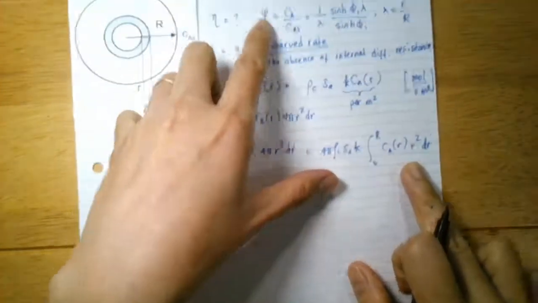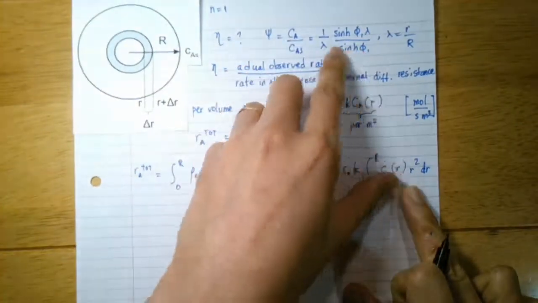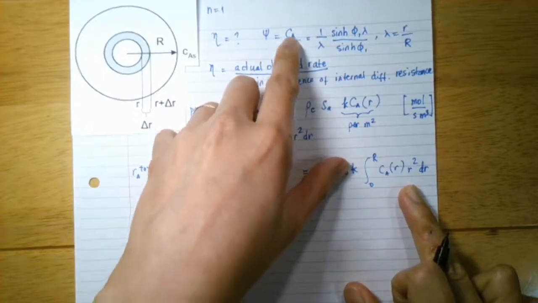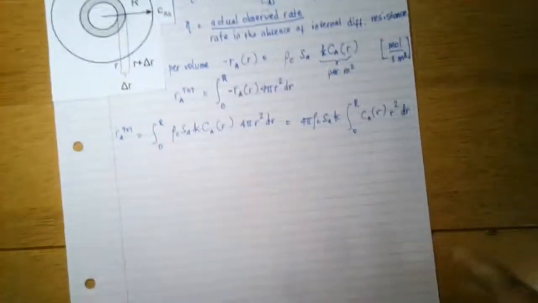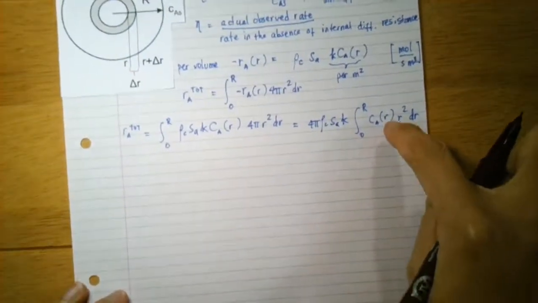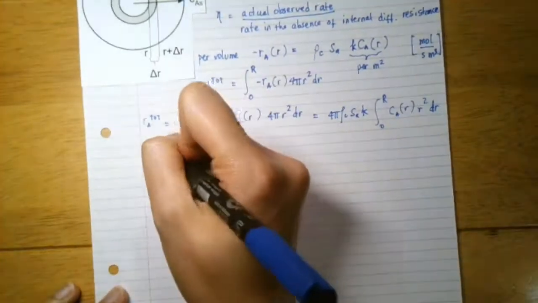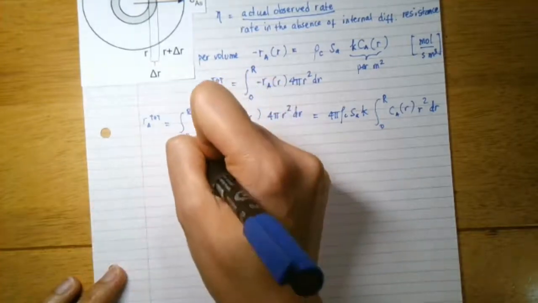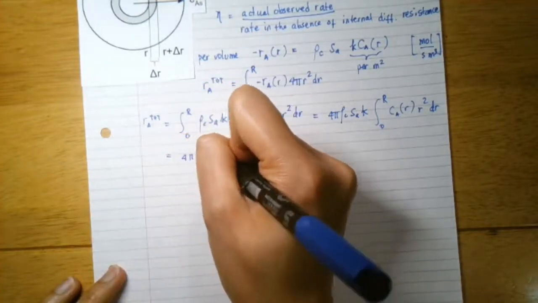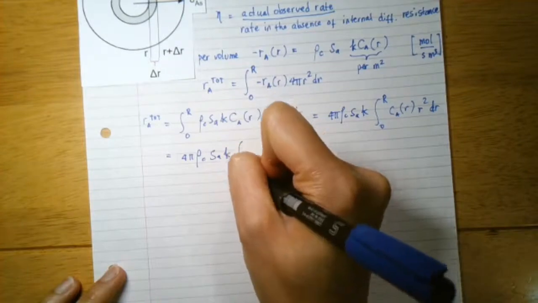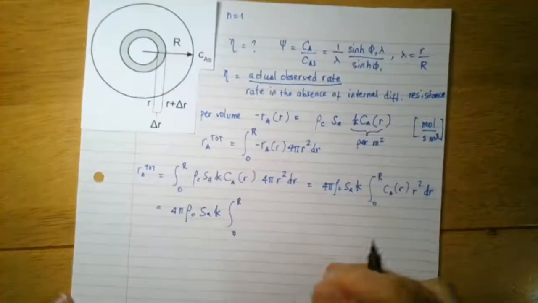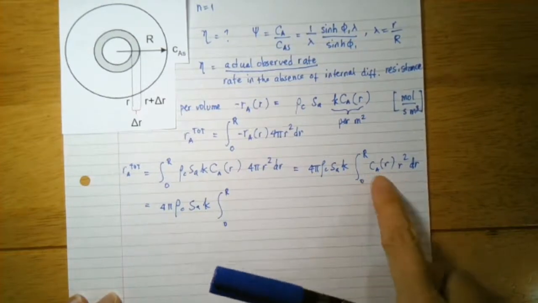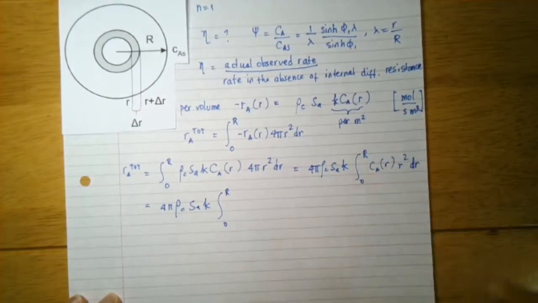But we know our concentration profile, the expression for Ca as a function of r. Let's substitute that in. We will use the expression for the concentration profile to replace Ca here.